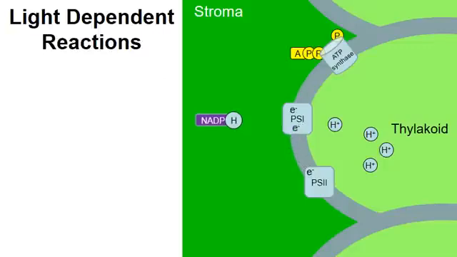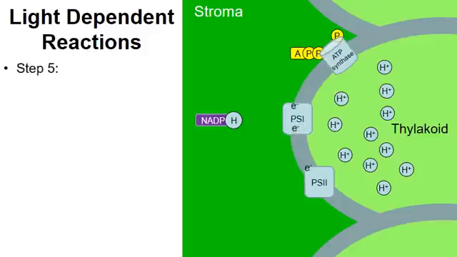At this stage, the hydrogen is really beginning to accumulate inside the thylakoid from the breaking of water, and from the electron transport chain pulling in hydrogens from the outside. So by now, there's a really large concentration of hydrogens inside the thylakoid. When we come to our next step, because there's such a large amount of them, the hydrogens are going to start to diffuse through that enzyme labeled ATP synthase.